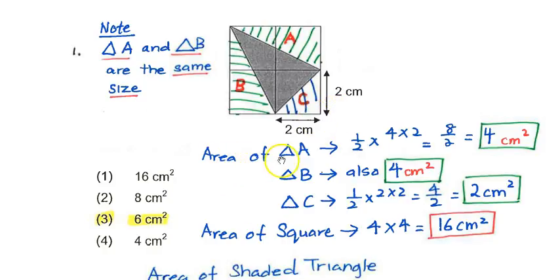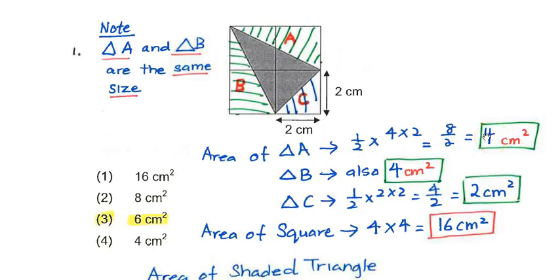So, area of triangle A is half times 4 times 2. Half is given, it means you must use the formula for a triangle. 4 is the base, look here, and 2 is here. You work it out, 8 divided by 2 is 4 cm squared.